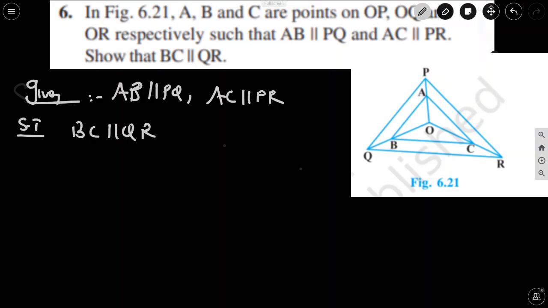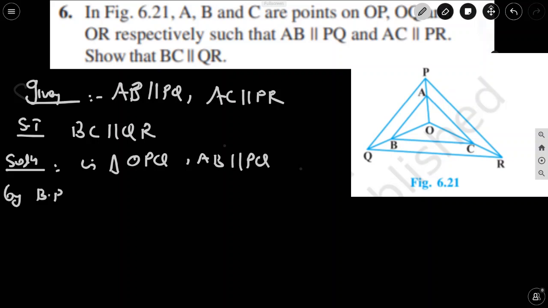Solution: in triangle OPQ we know AB parallel PQ. By BPT, by basic proportionality theorem, we will get OA by AP is equal to OB by BQ, equation number 1.